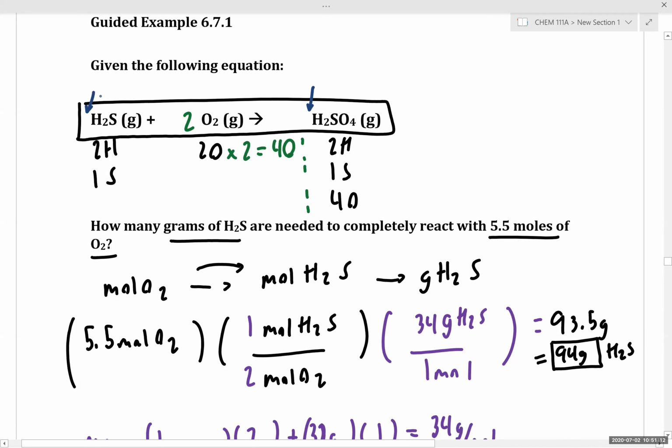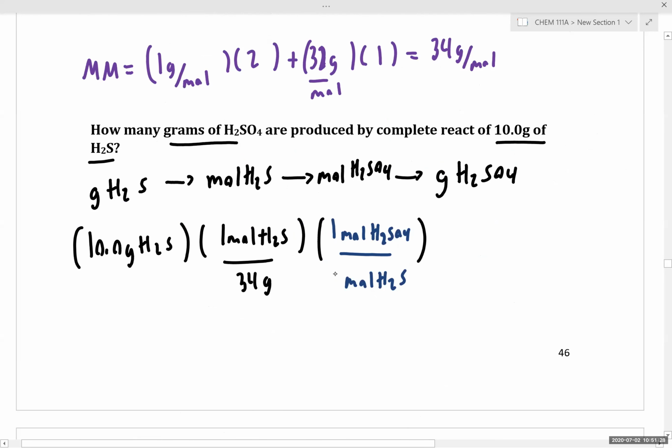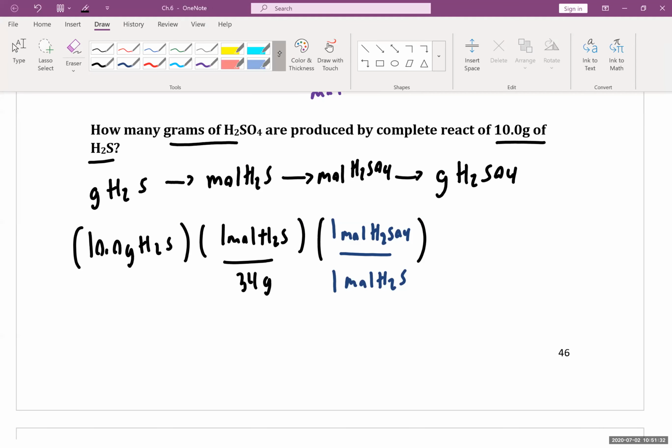What is our mole to mole ratio? 1 to 1. So we have 1 mole of sulfuric acid per 1 mole of hydrogen sulfide.